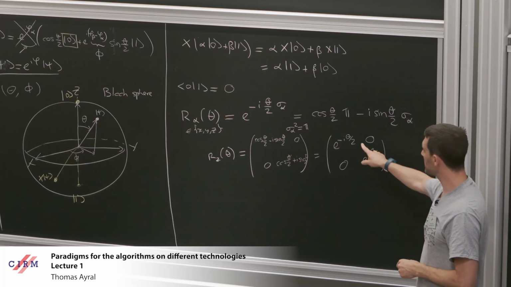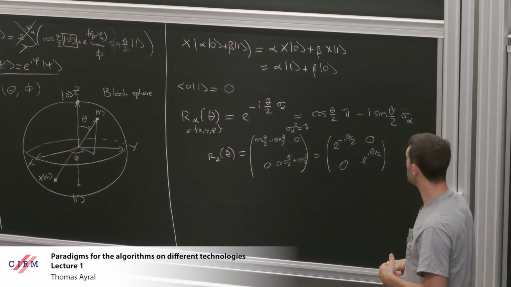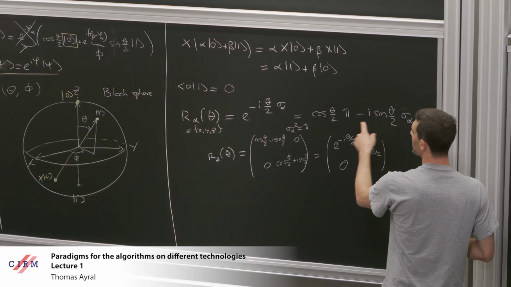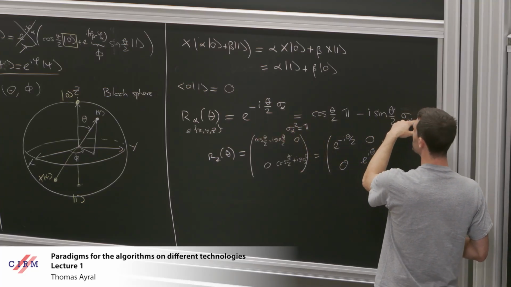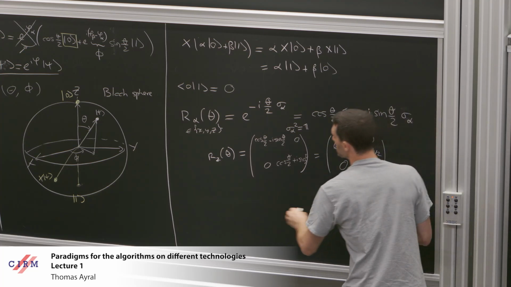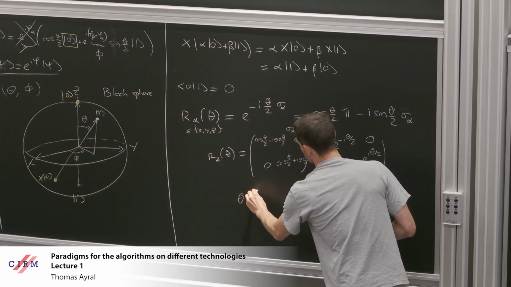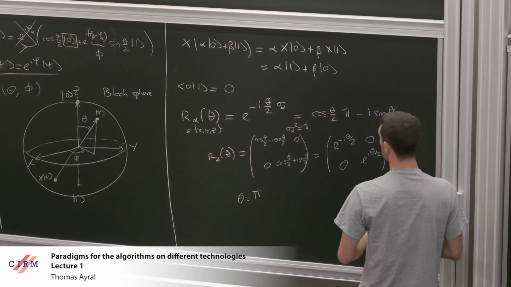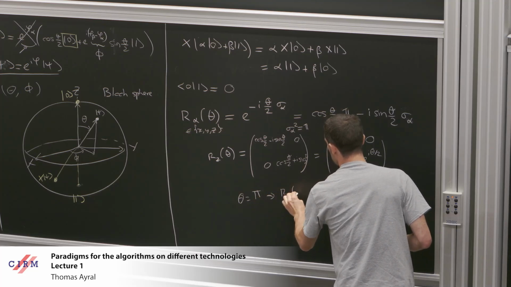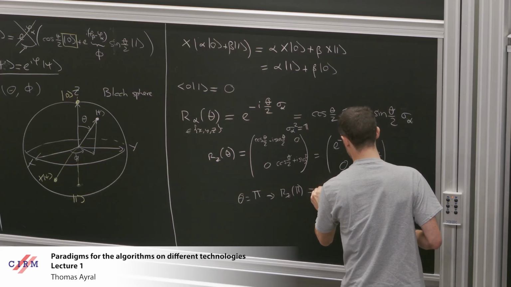There's a theta that I could put here so that my gate looks very similar to sigma Z. So I need to cancel the cosine. What happens if I put, for instance, theta equals pi? I guess it should do the job, right? Then I obtain that Rz of pi is 0 minus i sigma Z.